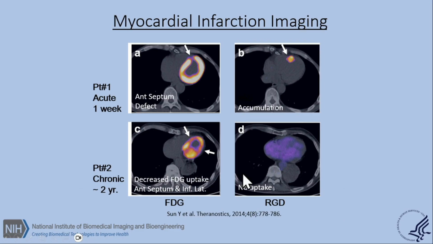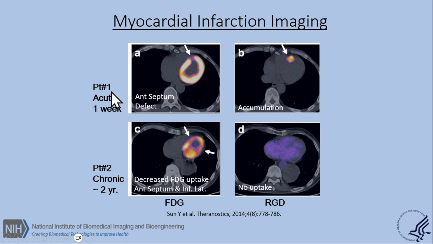Now, here we have an acute infarct in the anterior septal defect on the FDG image. That means there's no glycolysis going on there. But you see that in the RGD image, there's angiogenesis. Already the heart is trying to repair that.